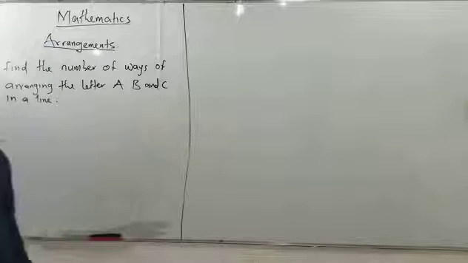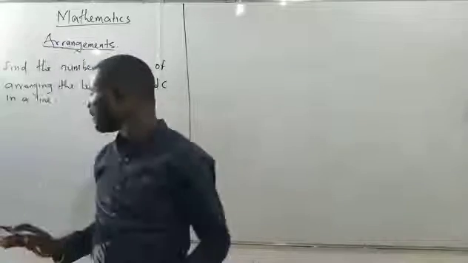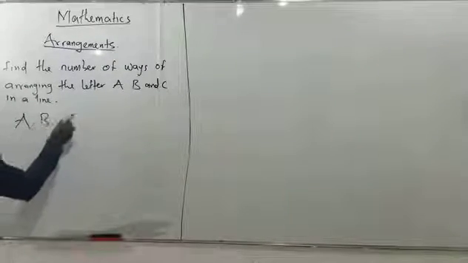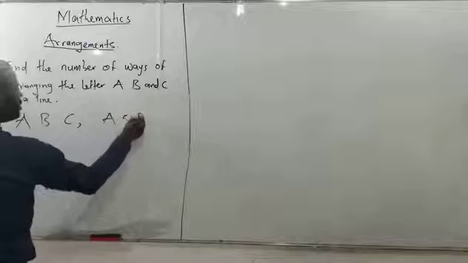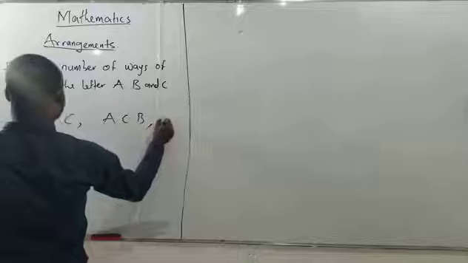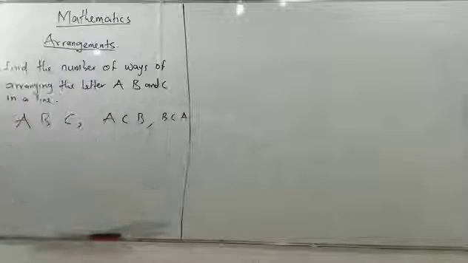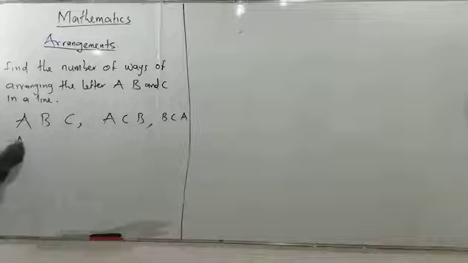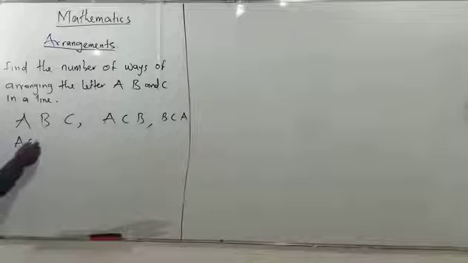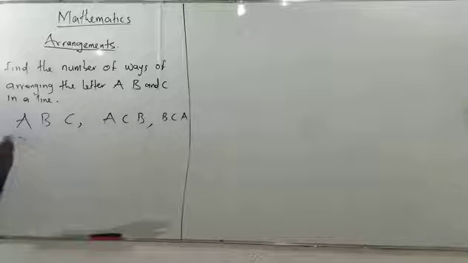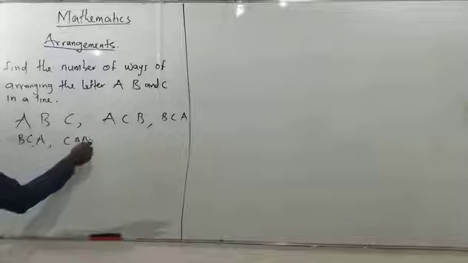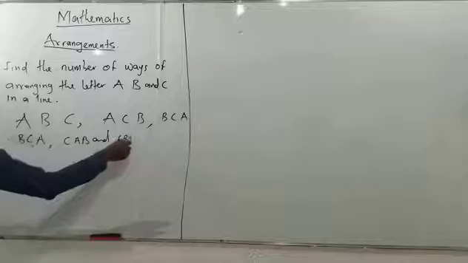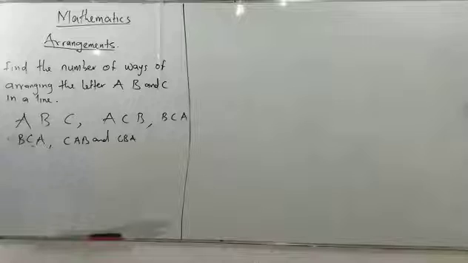Normally, I want to arrange A, B, C. Firstly, I can arrange it A, B, C. I can arrange it A, C, B. I can arrange this as B, A, C. I can also arrange as B, C, A, and C, A, B, and C, B, A. These are the possible ways of arranging it.